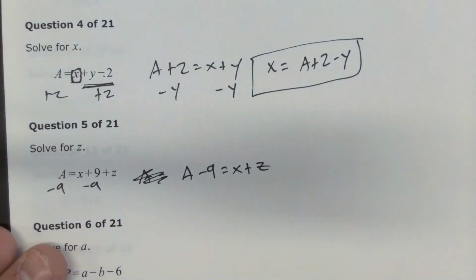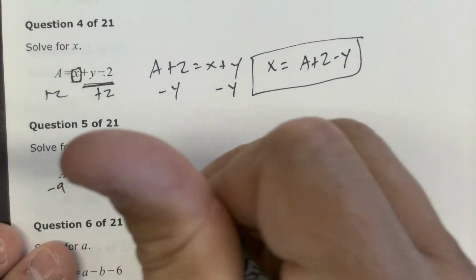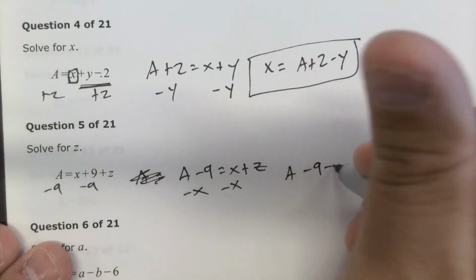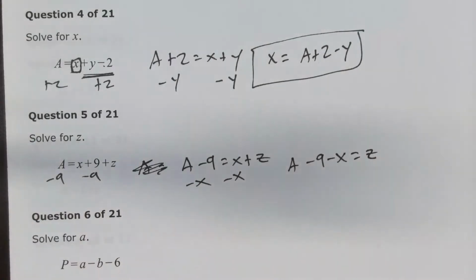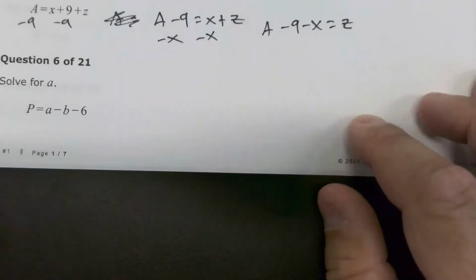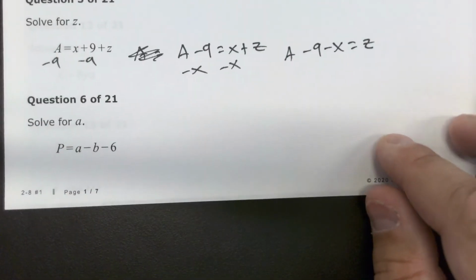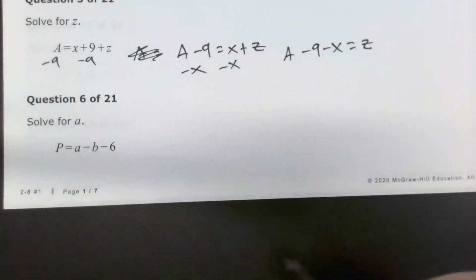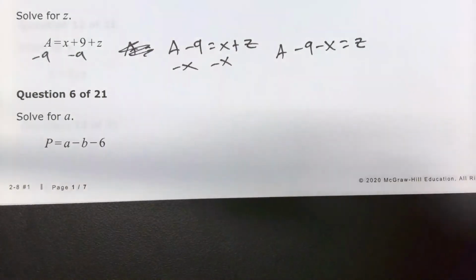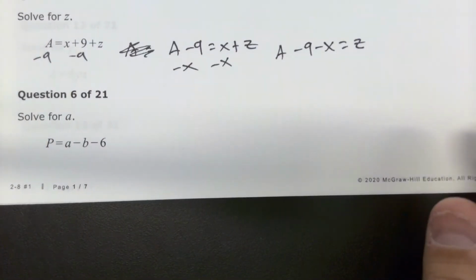Now what? Take away x. Get rid of x, right? a minus 9 minus x equals z, and there's your solution. Nothing changes. I'm just going to show you the last one down here. It wants us to solve for a. So we're just going to add b and add 6 to both sides, and we get a alone. Okay? Questions so far on this?